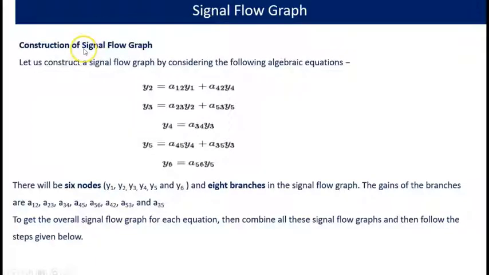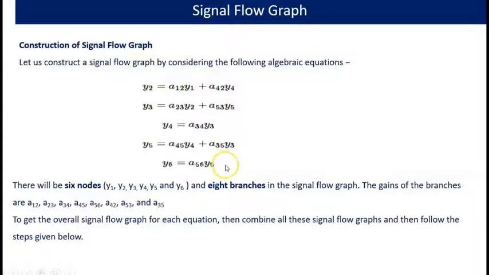Now, construction of a signal flow graph. Consider some algebraic equations. y2 is equal to a12 y1 plus a42 y4. Similarly, consider these equations.